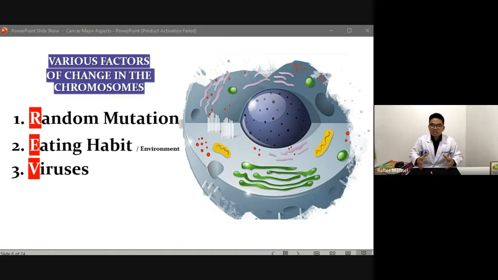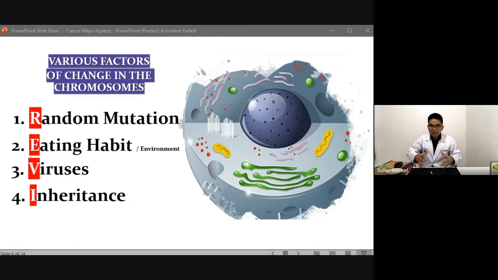But these changes can also be inherited from one generation to another generation. So the fourth factor that I want to share with you is inheritance. For adopting these changes from one generation to another, the change has to happen in the germline cells instead of the somatic cells.